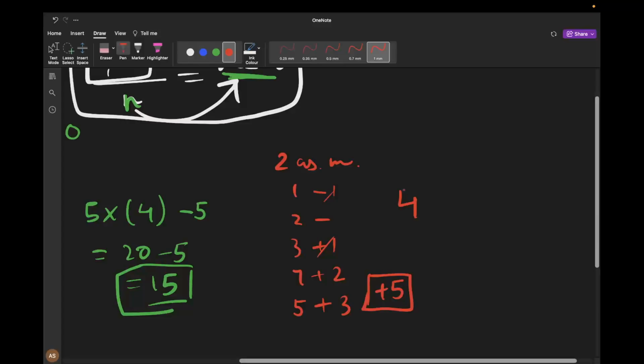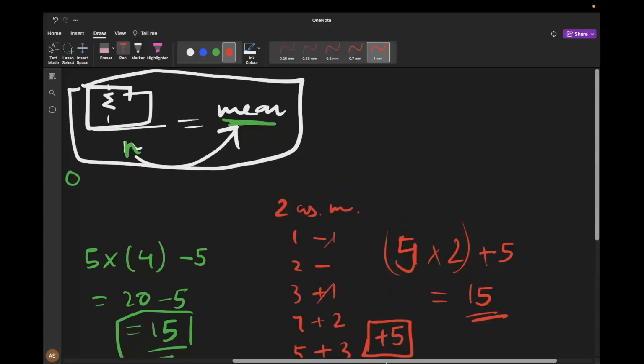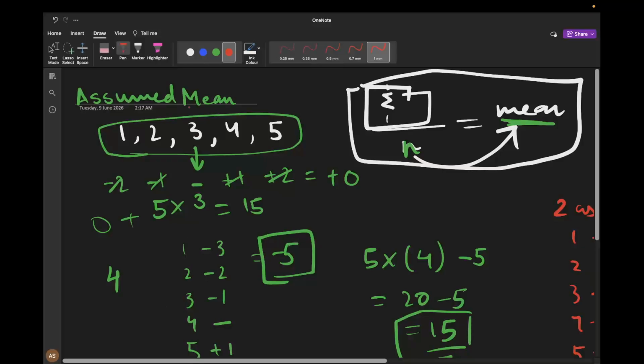To 5 times 2 plus 5 equals 15 again. So now you understand the concept that out of all the numbers given to us, we can take any one to be our assumed mean, and it helps with the calculation of their sum.